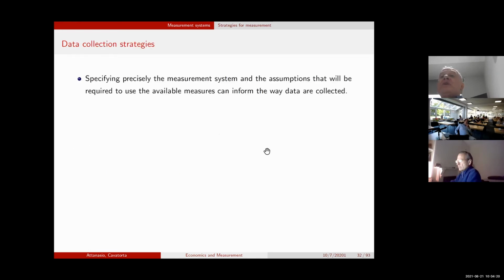Which brings me to the last thing before I go into the data and the example: the strategies for measurement. As I was hinting earlier, specifying a measurement system and its assumptions is useful because it can give you ideas about how you collect the data. One can design survey methods that make the assumptions you make credible.